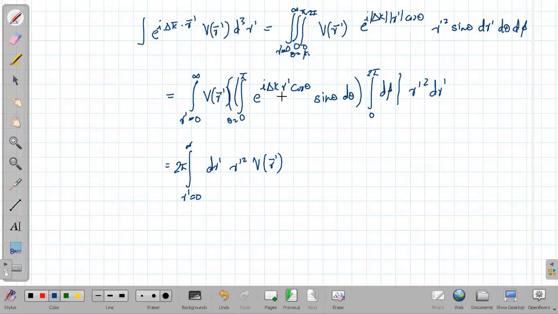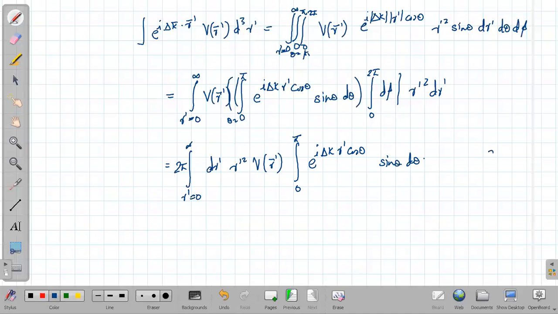Then there will be this integration e raised to I delta k r prime cos theta sin theta d theta. So here better we can use another variable so that we can do it in next step. Integral 0 to pi e raised to I delta k r prime cos theta sin theta d theta.